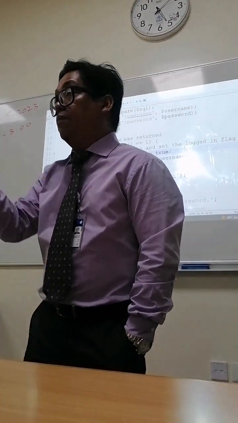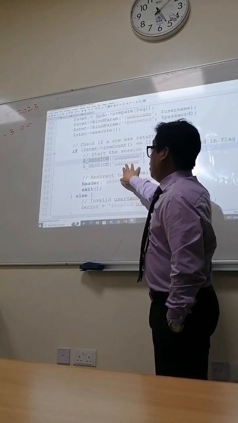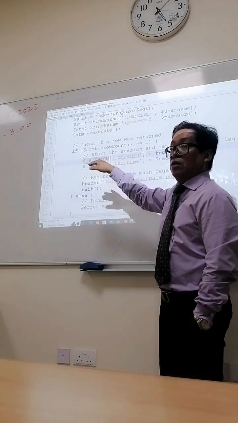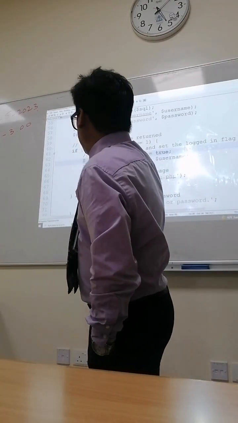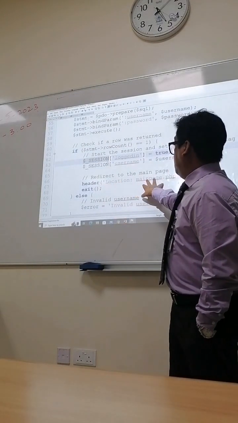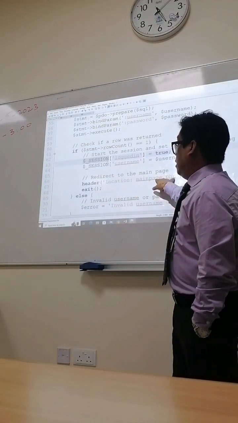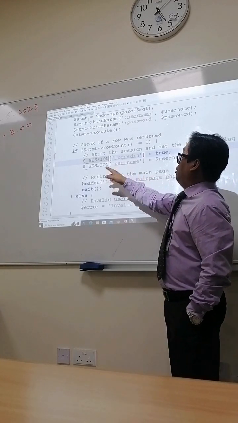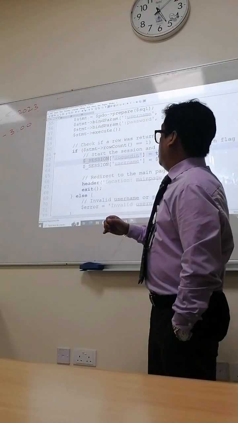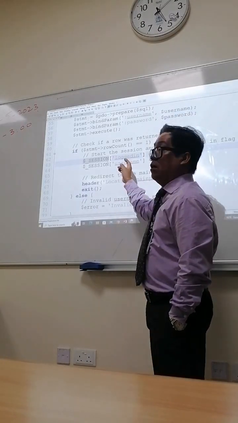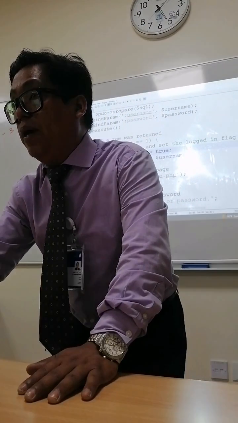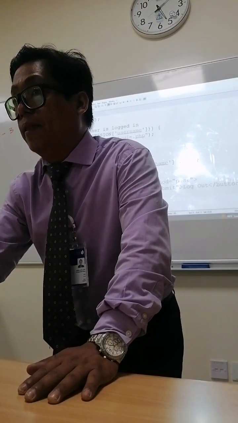The username is basically the variable you assign from your session, so that the header function, location main page.php, will display. So that's the reason why if I open main page.php, we know this variable, the session login username, we can now display it. Okay, this is now the main page.php.